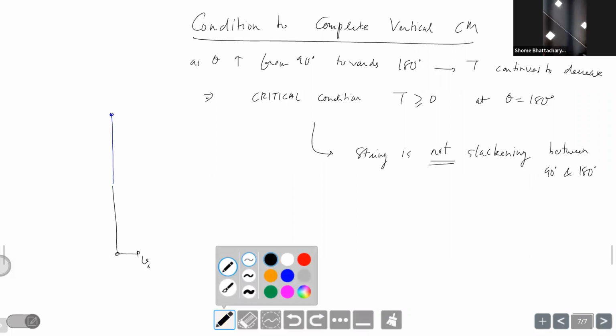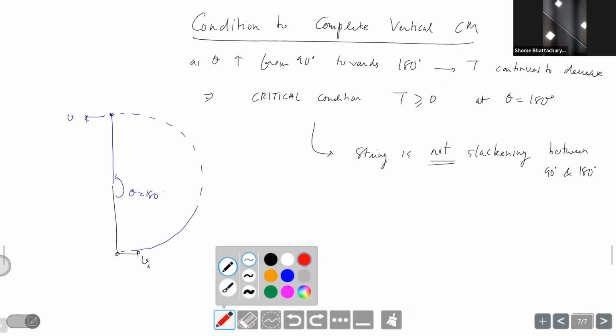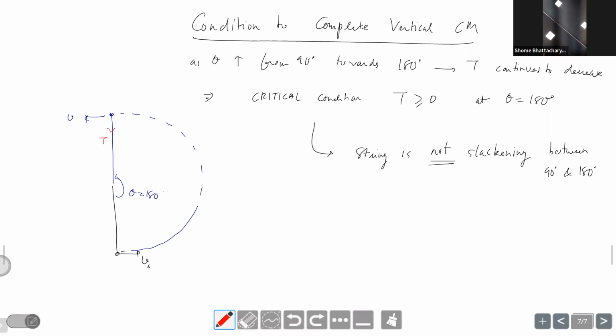I've given it a V naught here, and it reaches the highest point.